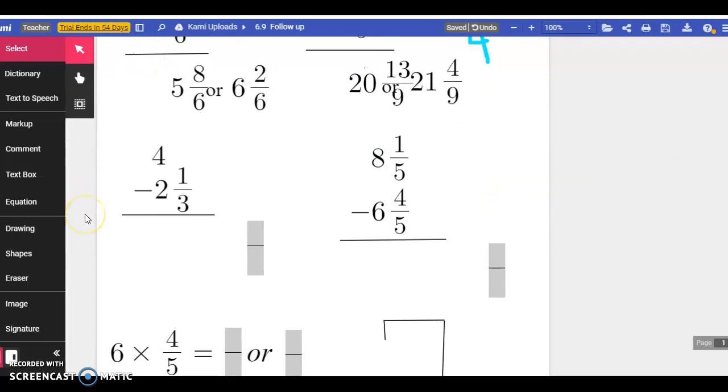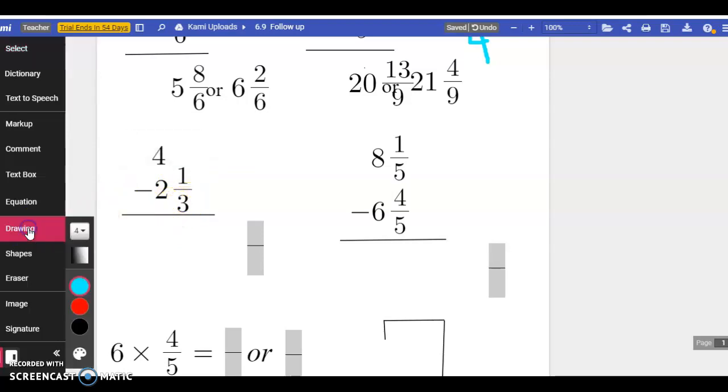Let's look down here now, we're going to subtract. So when we subtract, we start with our fraction side. Nothing minus 1/3. Well, we can't do that. So we need to borrow. So we're going to take 1 away from here, make this a 3.